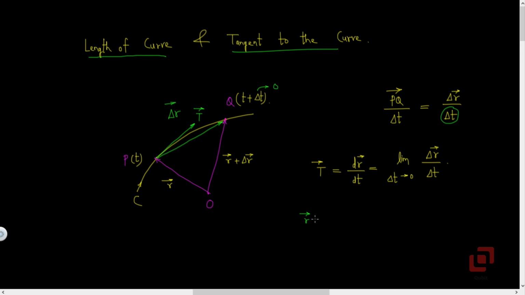If the parametric representation of the curve is f of t i plus g of t j plus h of t k, then the tangential direction will be given by f dash of t i cap plus g dash of t j cap plus h dash of t k cap, where the primes represent the derivatives of respective functions with respect to the parameter t.